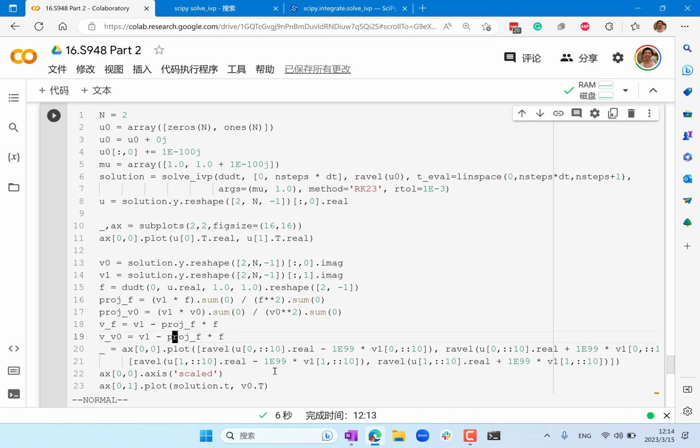Should be v1 minus v0 times v0. Okay, so when I'm visualizing, instead of v1, I want to visualize with the projection.